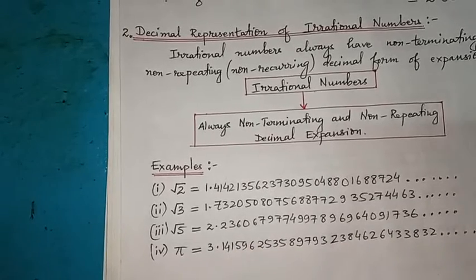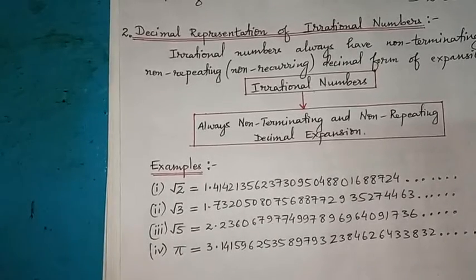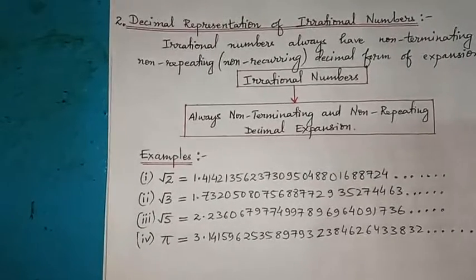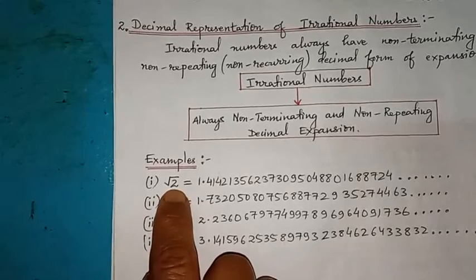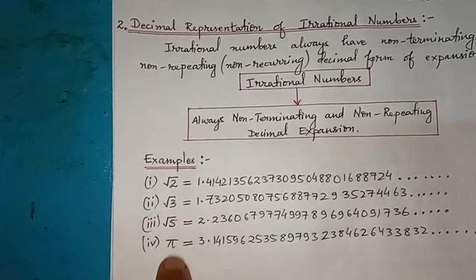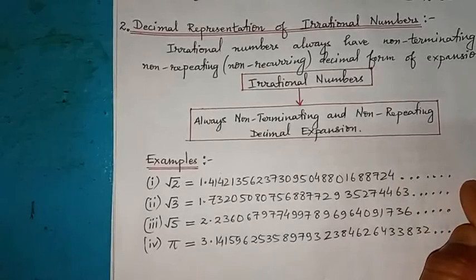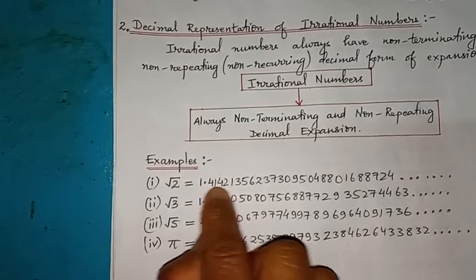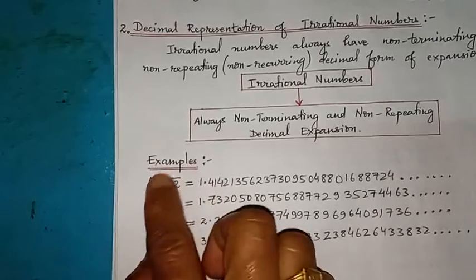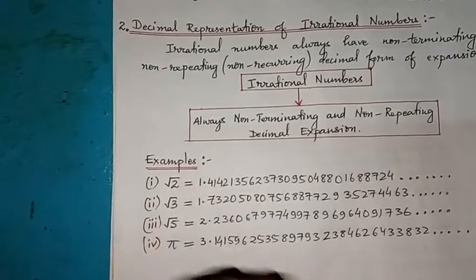But one thing I want to tell you: in maths, when you do some calculations later on, like height and distance, or mensuration, maybe you have to put in the value of root 2, root 3 or pi. We cannot put in all the digits, and there is no need to. So sometimes we take values correct to 2, 3 or 4 decimal places. Suppose I have to put the value of the square root of 2 somewhere in a calculation. I want to remove root 2 and write its value.